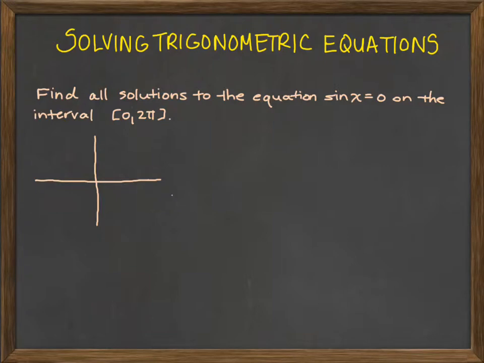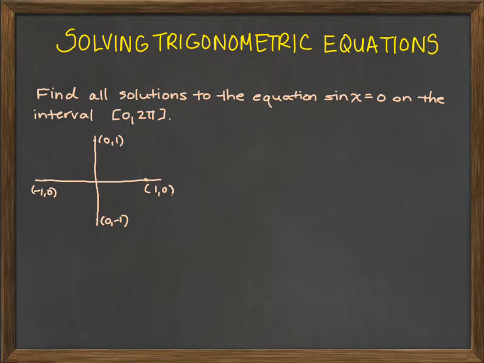So I've drawn a coordinate plane, and this is (1, 0), this is (0, 1), this is (-1, 0), and this is (0, -1). So we're trying to solve sine of x equals 0. We're trying to identify all of the x values between 0 and 2 pi where the sine of x is 0.